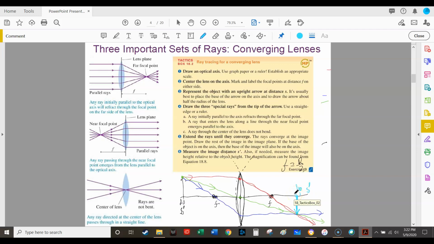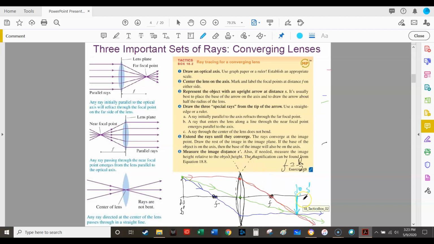Images that form on the other side of the lens from the object are called real images. This is kind of the opposite of what the mirror was saying. When an image formed on the same side of the mirror as the object, that was called real. But now we're dealing with lenses, and lenses refract, so a real image is going to be on the other side of the lens.